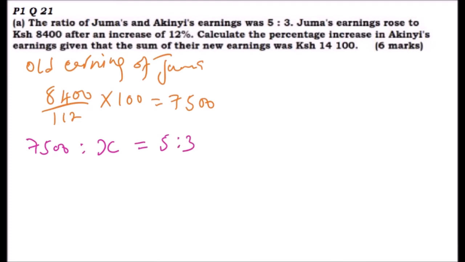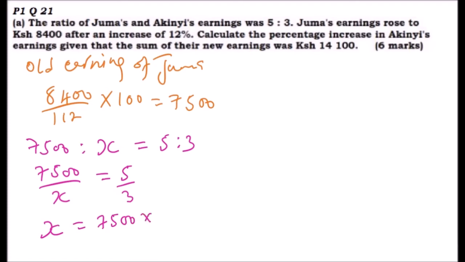So you can say that is 7,500 divided by X, we write the ratio in fraction form, is equal to 5 over 3, implying if you multiply by X here, you'll be able to make X the subject. So X is equal to 7,500, you multiply by 3 and you divide by 5, and using your calculator, you will be able to get that X is equal to 4,500. So that is Akinyi's salary.